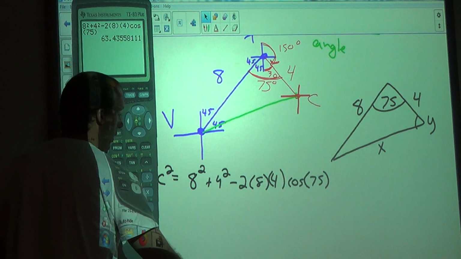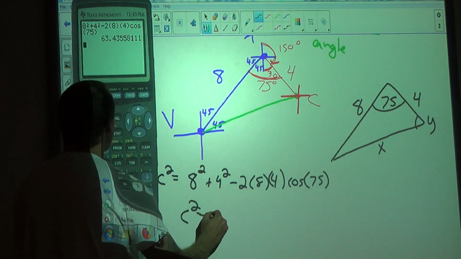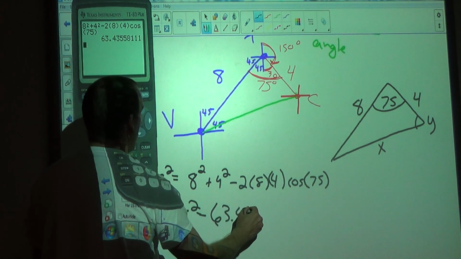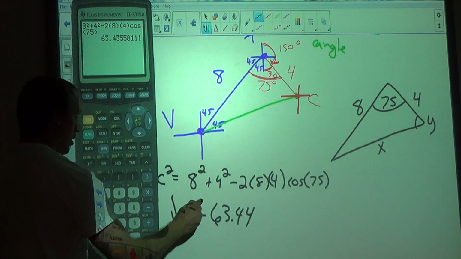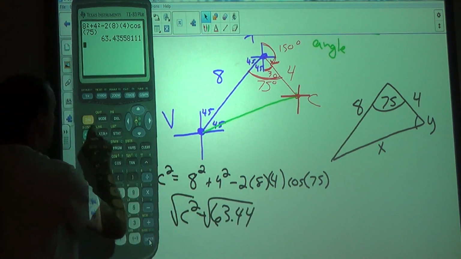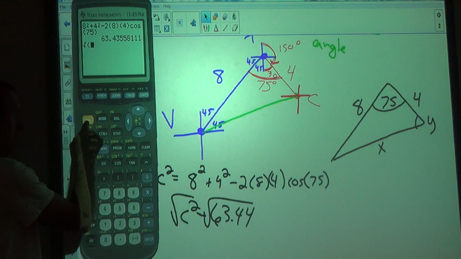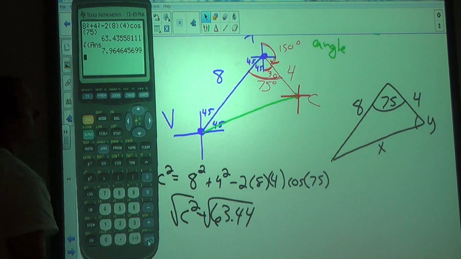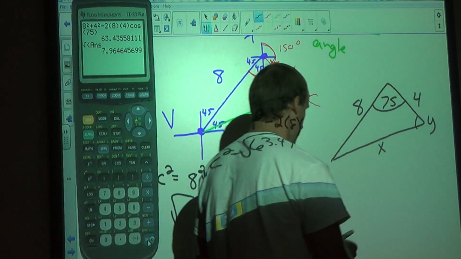Okay, and that's c squared equals 63.44. So then you've got to take the square root of that. Second square root, second answer, and it's 7.96.